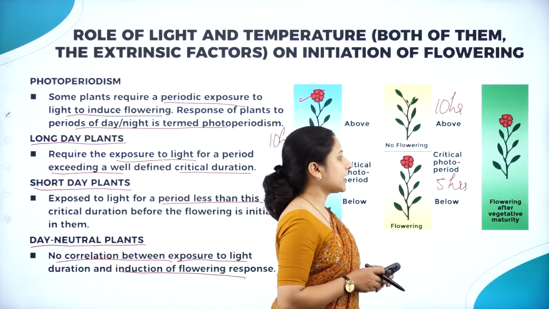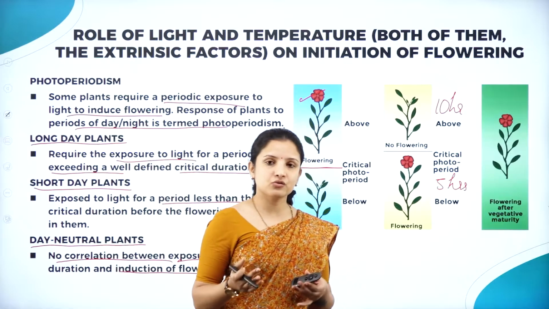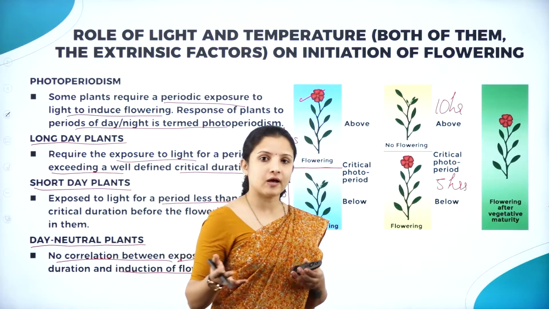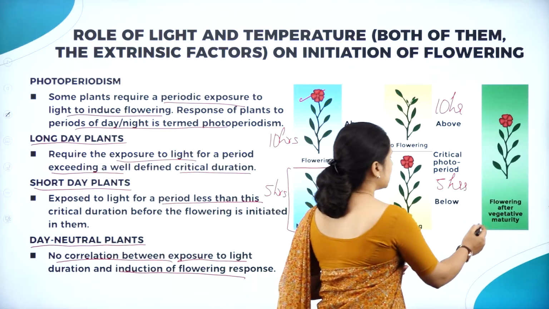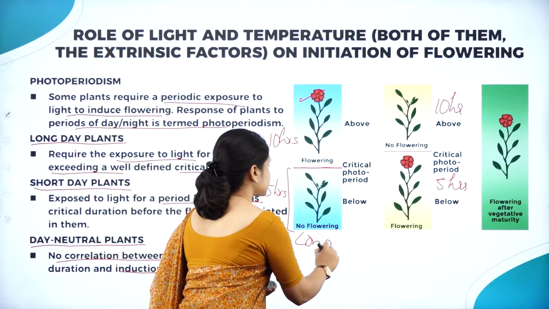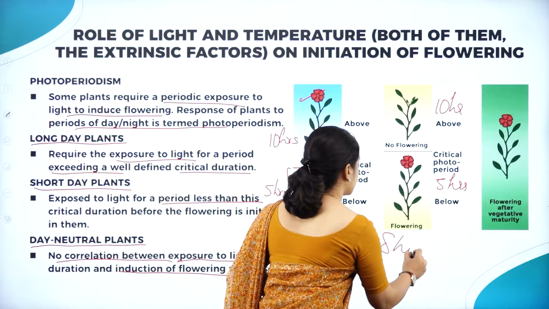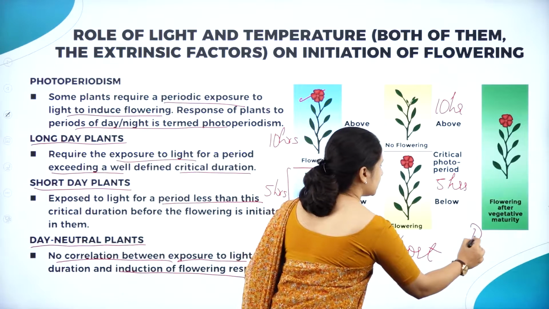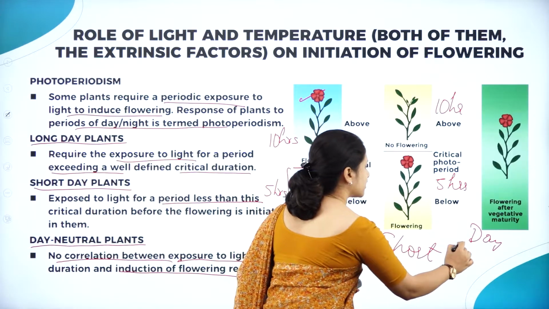That is why day neutral plants can mature at any time and they can flower at any time. So we have here long day plants, then short day plants, and this is the day neutral plants.